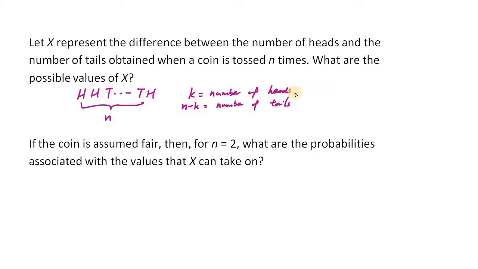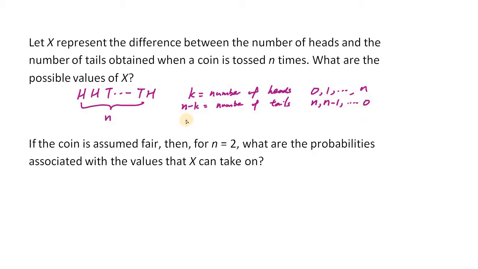Since we are tossing the coin n times, k can go from anywhere from 0, 1, 2 up to n. So the number of tails would be n, n minus 1, until n minus n, which is 0.